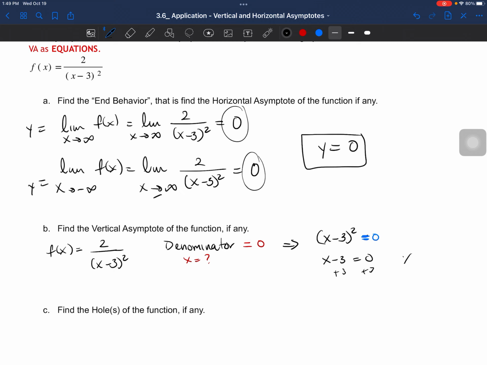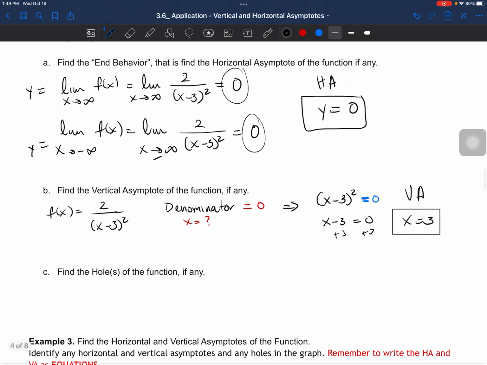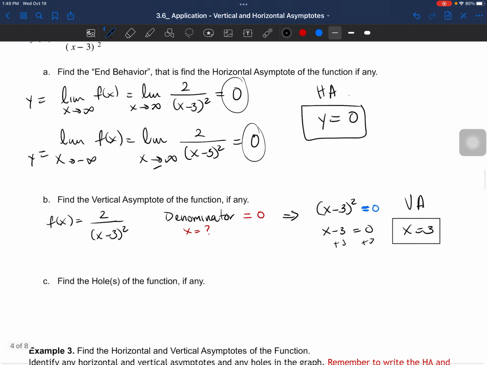We have gone over this a few times. Then we can add 3 on both sides of the equation, and so we get x equals 3. So that's your vertical asymptote. And there you go, we found our horizontal asymptote and our vertical asymptote.